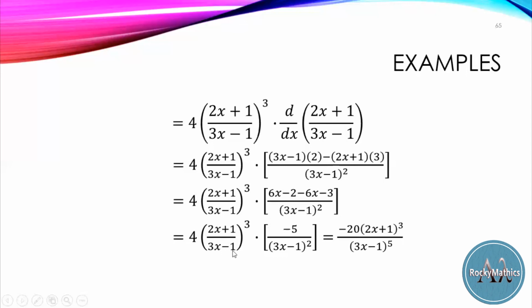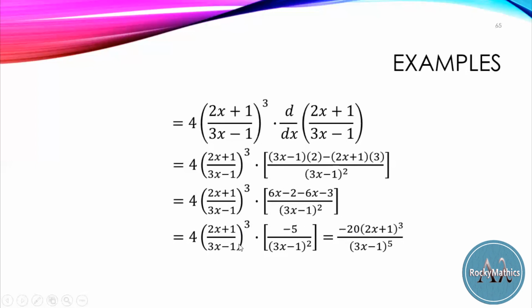Now, since this whole expression is raised to 3, this means the quantity 2x plus 1 raised to 3, and the quantity 3x minus 1 raised to 3. So in other words, we have negative 20 times 2x plus 1 raised to 3.